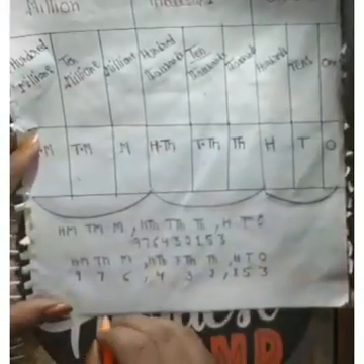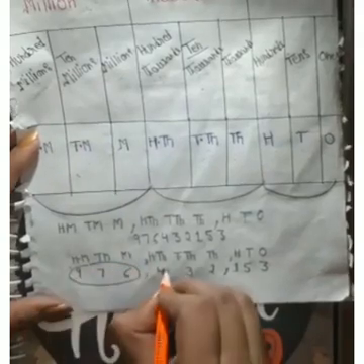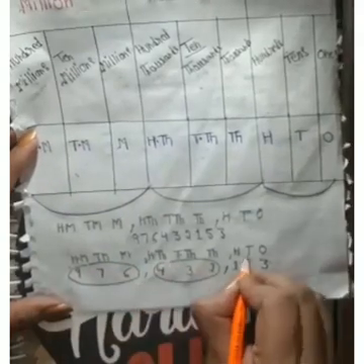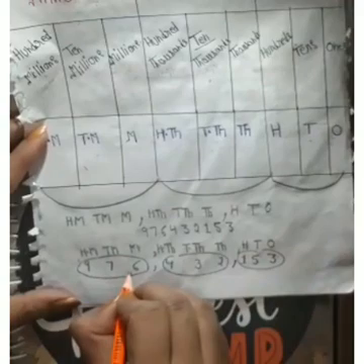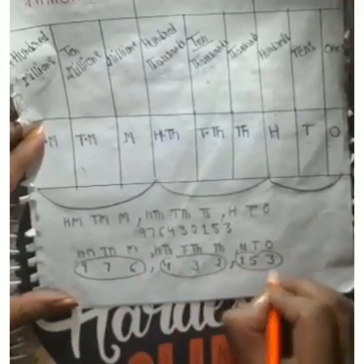Now how do we read this number? For reading this number, we have to count the full family, all the members of the family. So here we have 976,432,153.